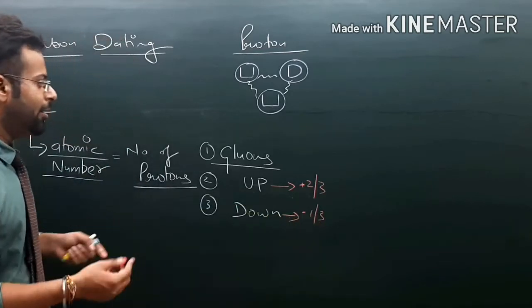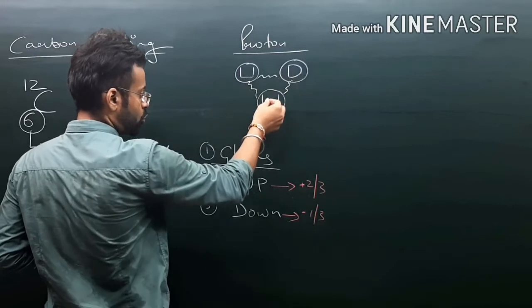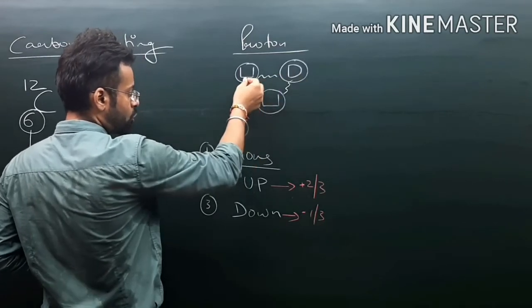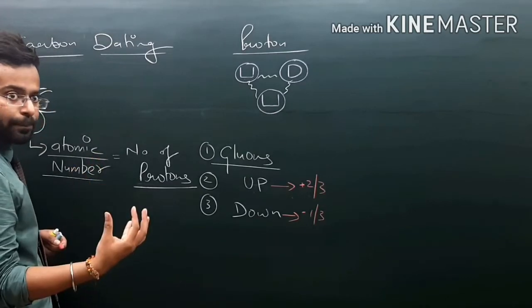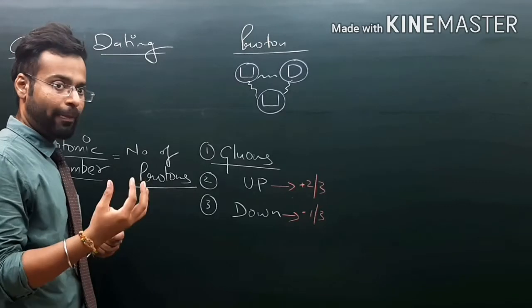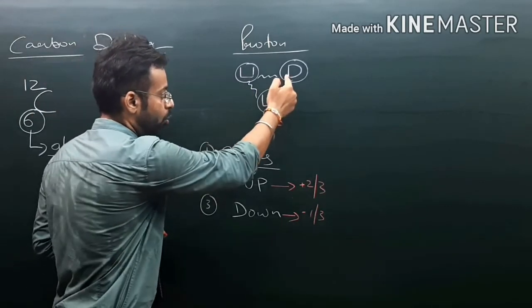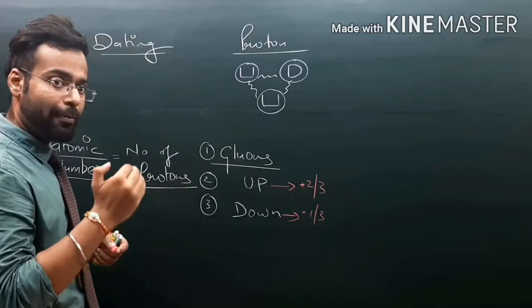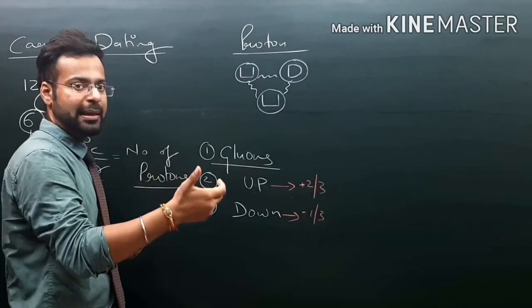So, up has a charge of positive 2/3, and down has a charge of minus or negative 1/3. Now, if we sum that up, there is 1 up and 2 up and 1 down. So 2 up together make up a charge of 2/3 plus 2/3, that is 4/3 in positive, and to that is added a down with a negative charge of 1/3.